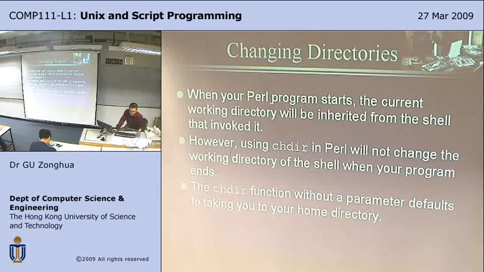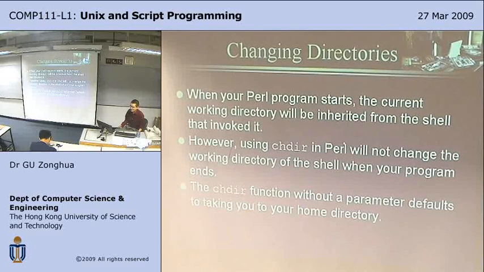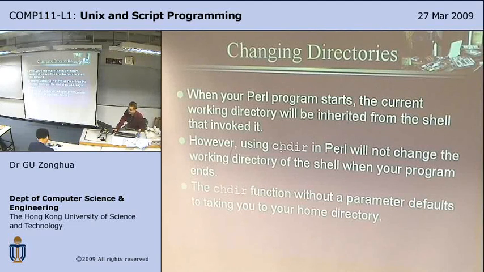So when your Perl program starts, the current working directory will be inherited from the shell that invoked it. Wherever you invoked the Perl script, that will be the working directory within your session of running the Perl script. So a chdir in Perl will not change the working directory of the shell where the program ends.